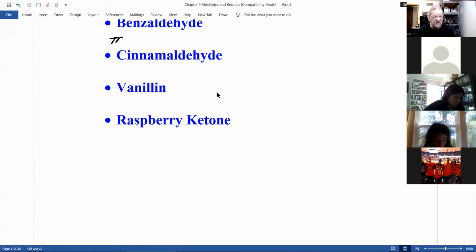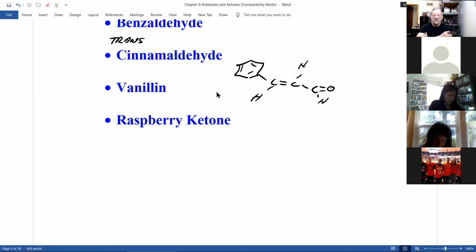Actually, this is trans-cinnamaldehyde. And what's that? Well, it's an aldehyde. It's got a double bond. I'll never ask you this on a test, but that's the molecule that gives cinnamon its taste and smell.